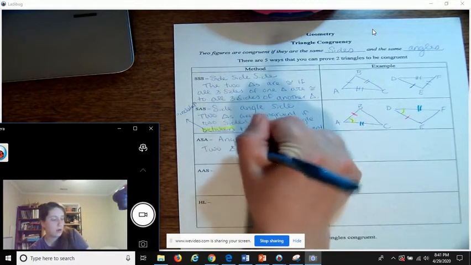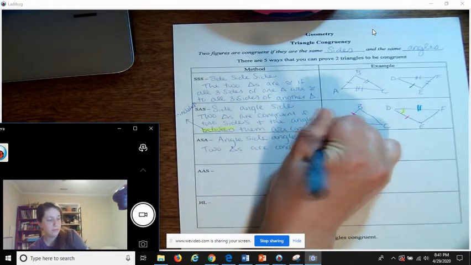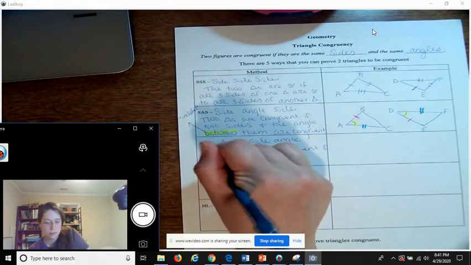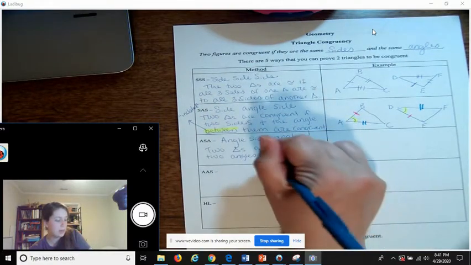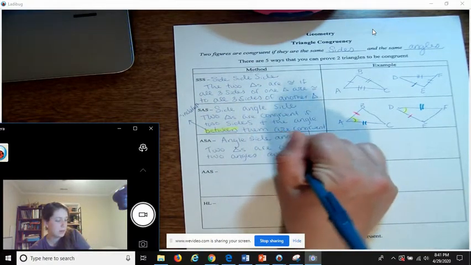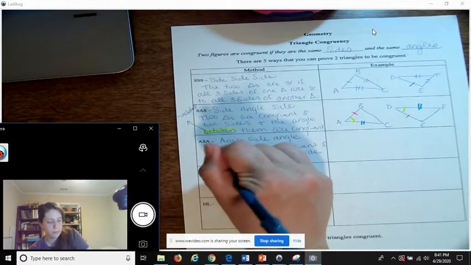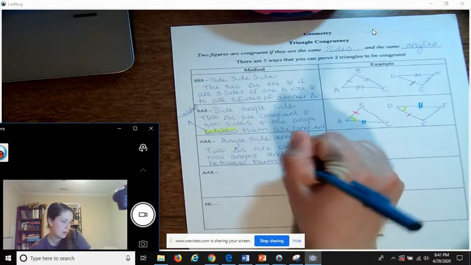Triangles are congruent if 2 angles and the side between them are congruent.